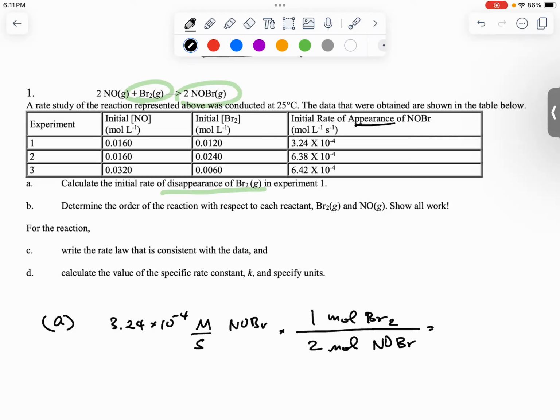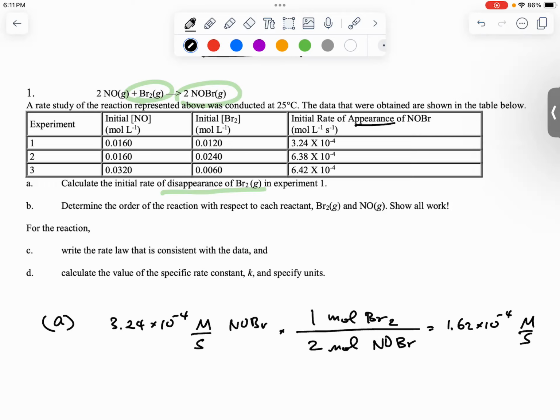So it should be half of it. So it should be 1.62, right? Just the mole ratio. Okay, got it. So if they give you the rate of appearance, then you can find out everything.